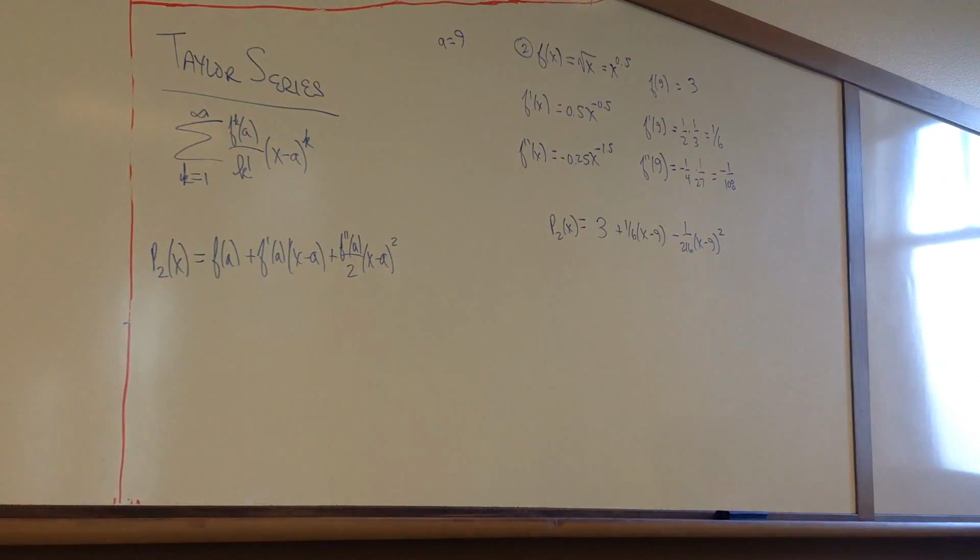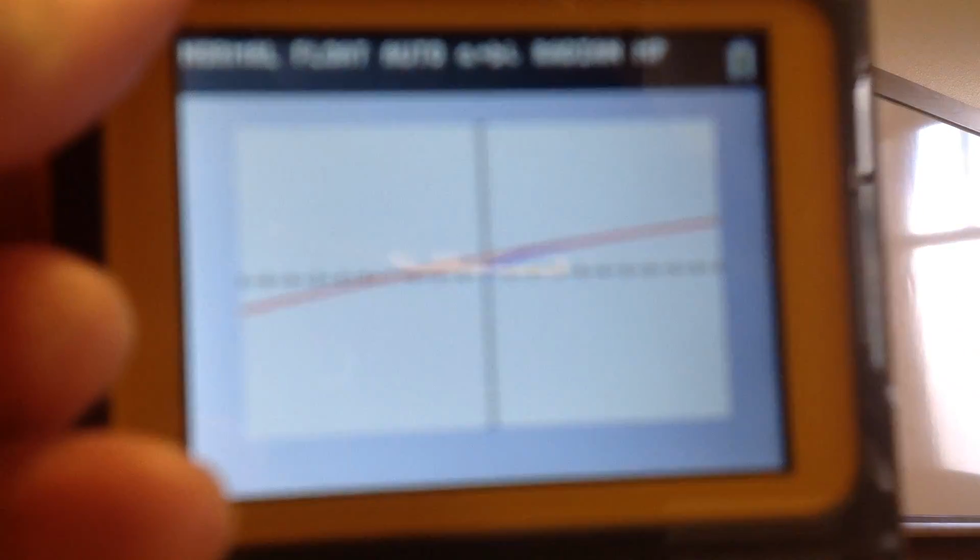So first let's look at it in the standard window, and then I will move to, let's see here. Let's see if we can get this graphed. Okay, so here it is in the standard window.